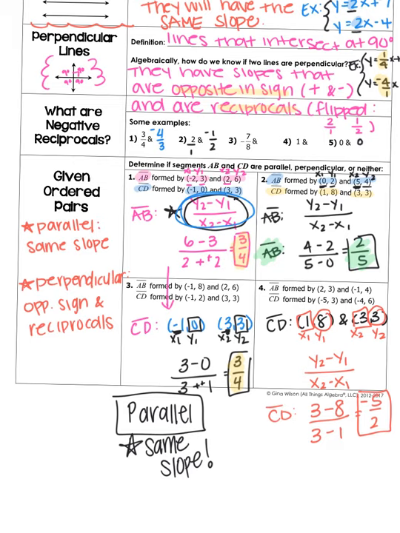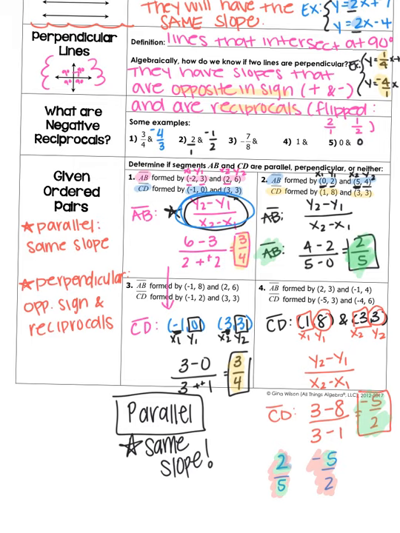So we need to compare. Our first line had a slope of 2/5. Our second line has a slope of negative 5 over 2. So you have to think, what do you notice about these? Well, this first slope is positive, right? And the second slope is negative. So they're definitely opposite in sign. The next thing you want to check, are they flipped versions of each other? This is 2 over 5.